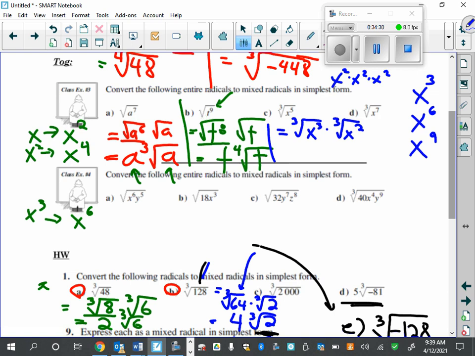And what's the cubic root of x cubed? One number times itself 3 times equals x cubed. X. So x times the cubic root of x squared.